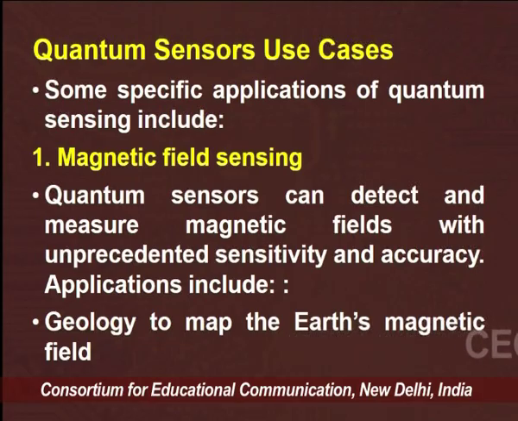We discuss some specific applications of quantum sensing and its uses. First is magnetic field sensing. Quantum sensors can detect and measure the magnetic field with unprecedented sensitivity and accuracy. Applications include geology, to map the Earth's magnetic field. Nowadays, it is very easy to map the Earth's magnetic field.